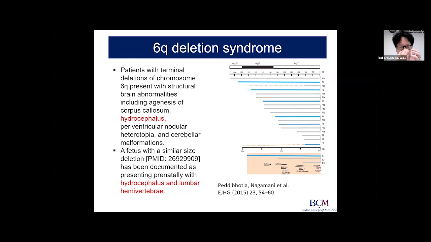Remember, the patient we have has hydrocephalus, so it's sort of consistent. Periventricular nodular heterotopia and cerebellar malformation. A fetus with a similar size of deletion has been documented as presenting prenatally with hydrocephalus and lumbar hemivertebra.